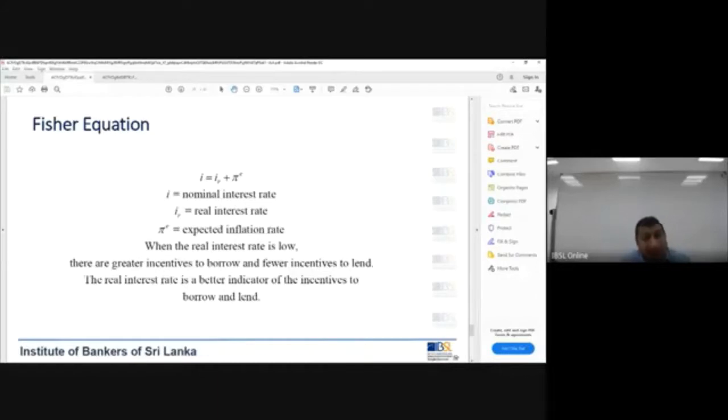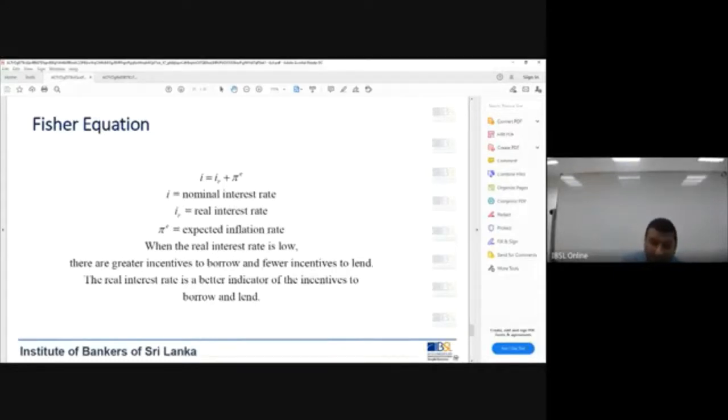Say you are experiencing an environment where the nominal interest rate is 8 and the real interest rate is 1.5. So what is the expected inflation? 8 minus 1.5, it is 6.5. So likewise, you adjust this equation and compute. Very simple. Just put on your thinking cap and adjust this equation.